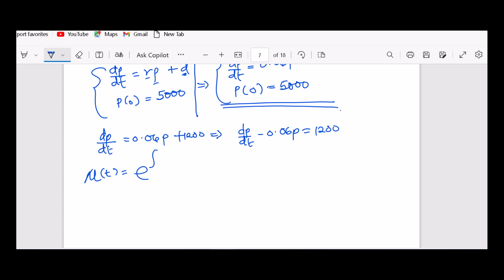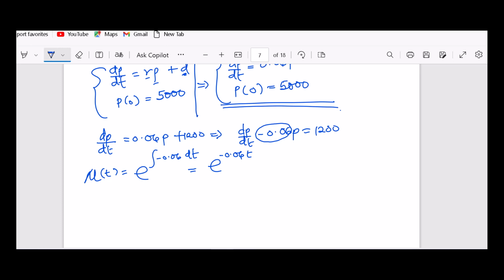In the formula it is always p of x, but here it is p of t, which in this case is negative 0.06. So negative 0.06 dt, and integrating, we have e to the power negative 0.06t, and this is our integrating factor.